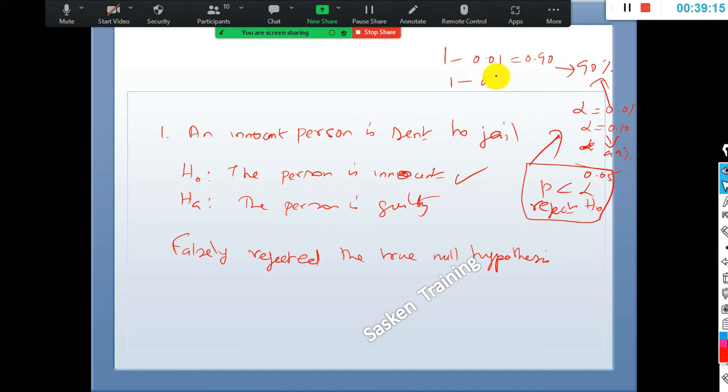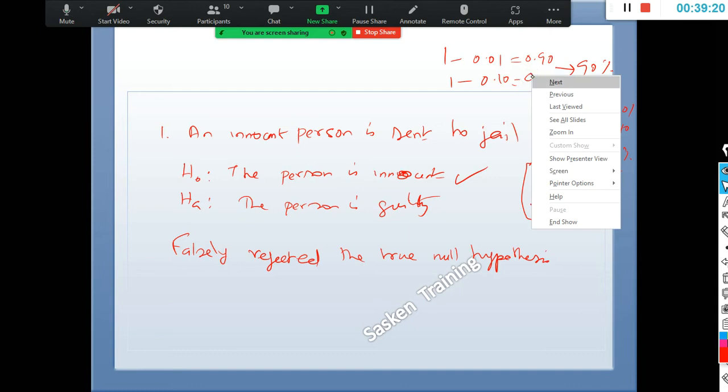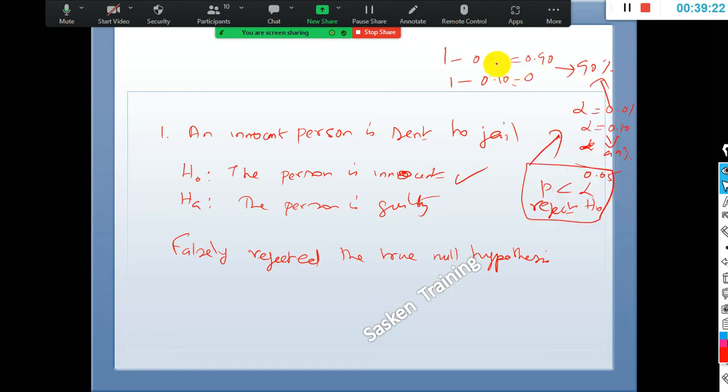Similarly, 1 minus 0.10 is 0.90, which means 90% confidence. And if you say 1 minus 0.05, this is going to be 0.95, which means you are 95% confident. The remaining 5% is your significance level, or the risk which you are going to take.